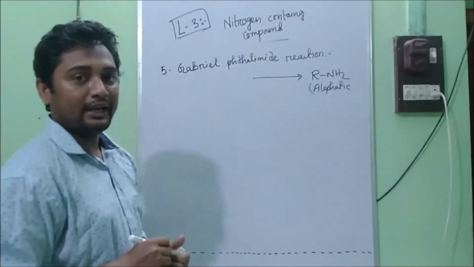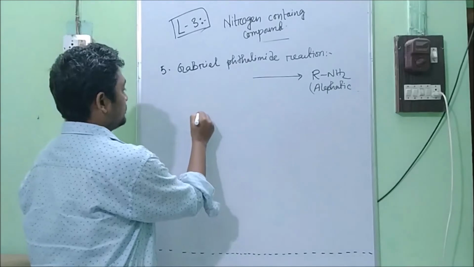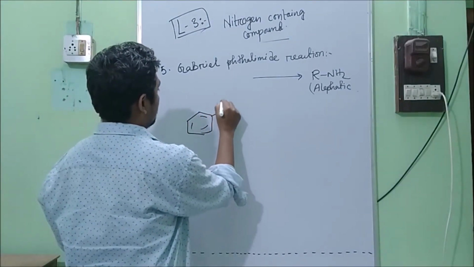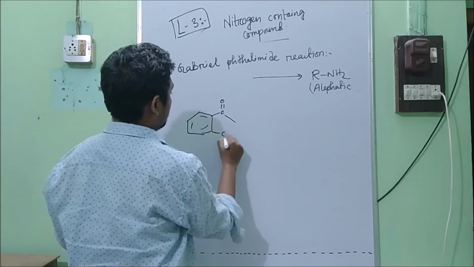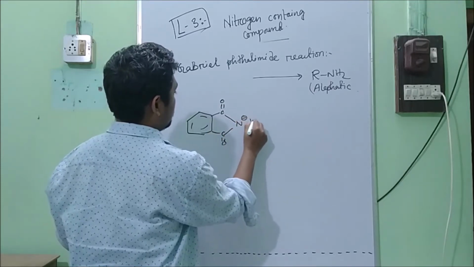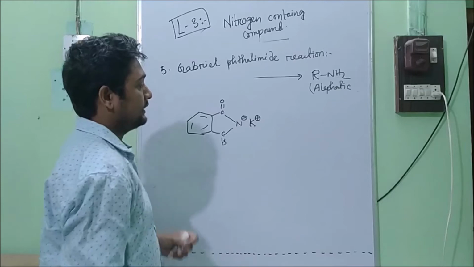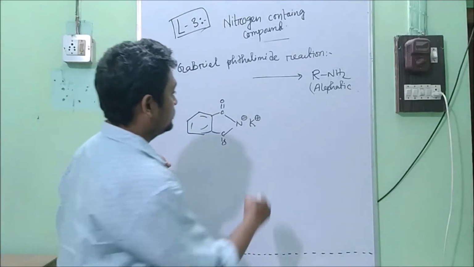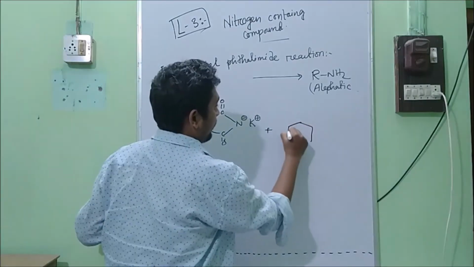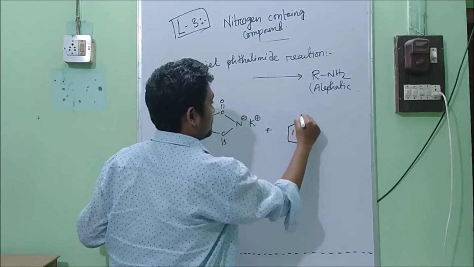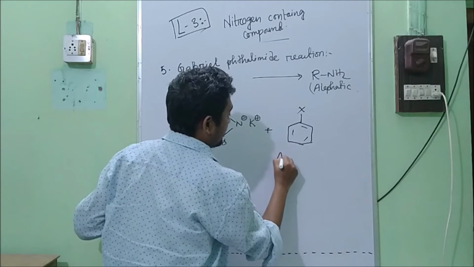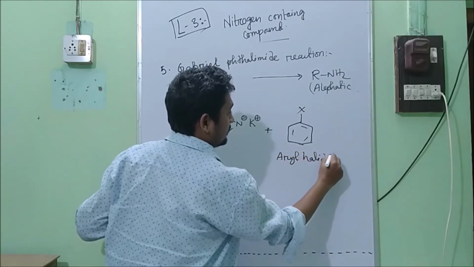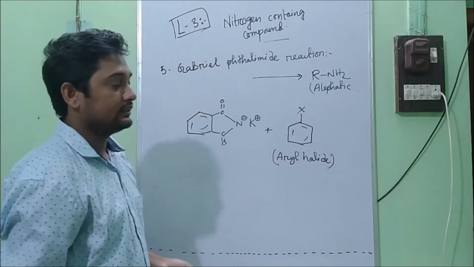To prepare aromatic amine, we need to take this salt from the intermediate step of this reaction, and we need to take such kind of aromatic halide, aryl halide.